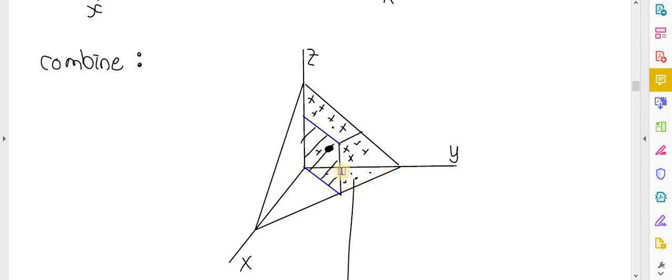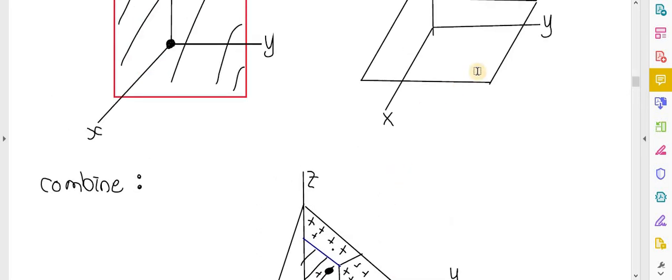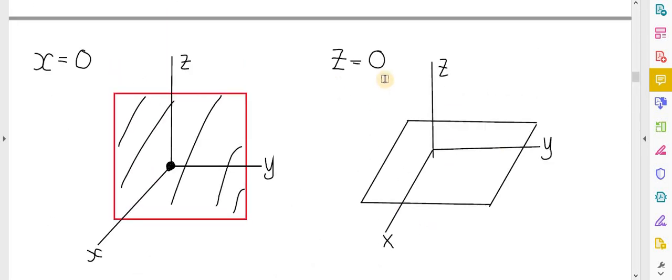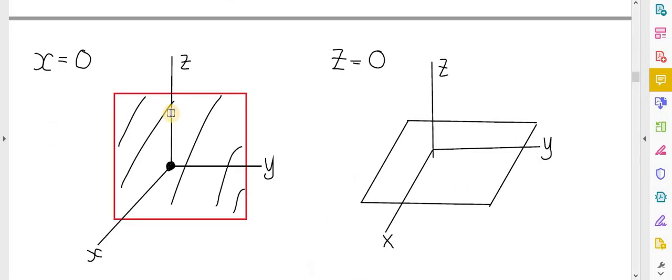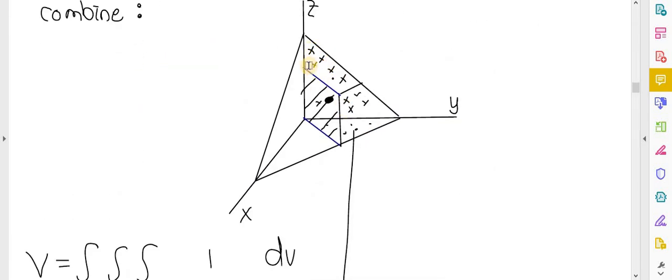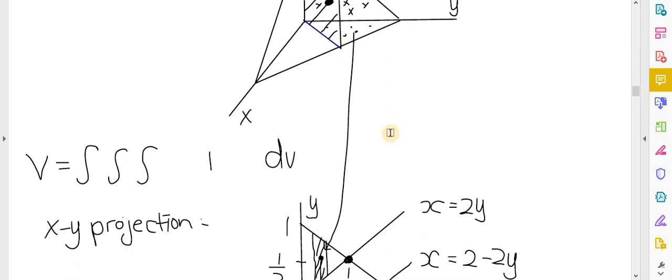This bottom part is covered by z equals 0, and x equals 0 covers the side at the back, which is the one that I label by a cross. So the whole thing will be the volume that you need to find.